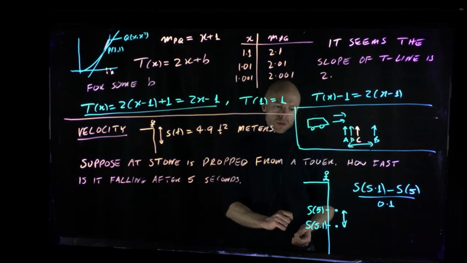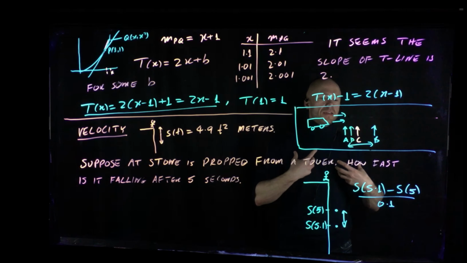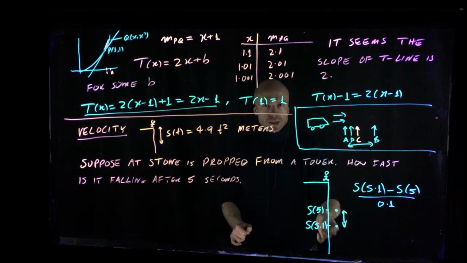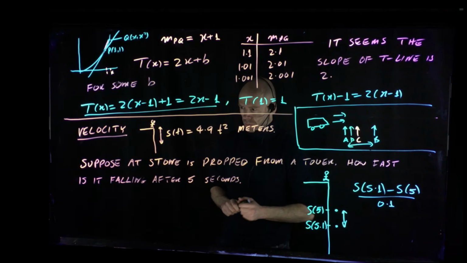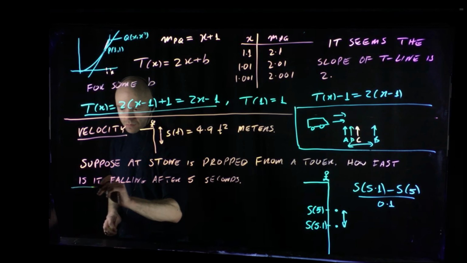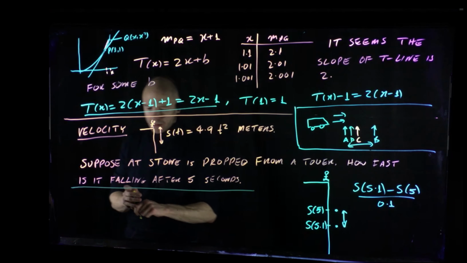Yeah? But we still have the impression that we're going to get a better answer if we let the time interval get smaller and smaller. Yeah? So let's write that down.